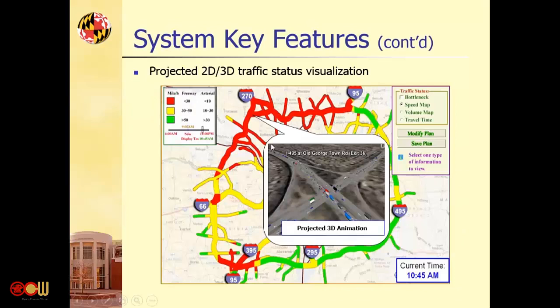Your camera can see actual traffic condition, but all they can see is the current time t traffic condition. In terms of your projected condition, you still cannot see it. So you still have to use a simulation or 3D animation to show what the future traffic condition would be.